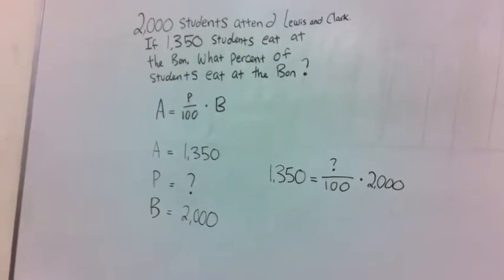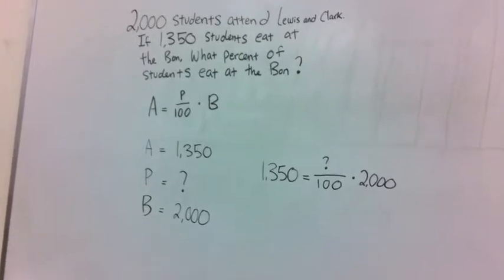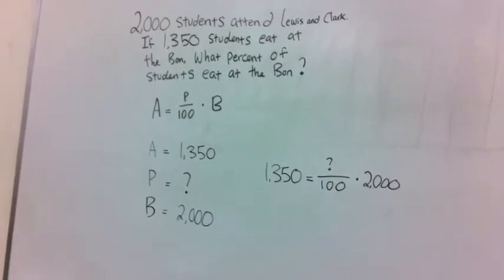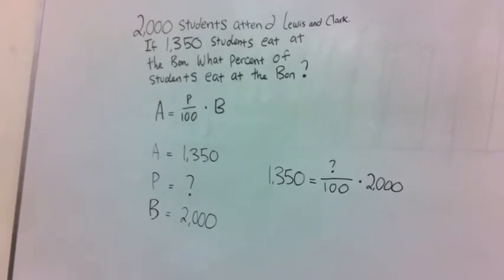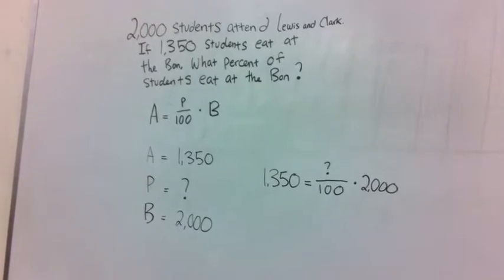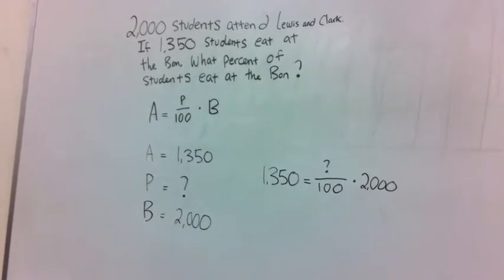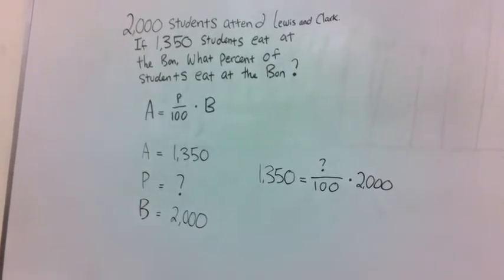So we can say that A would be the 1,350 students, B would be the 2,000 students that attend Lewis and Clark, and P is what we would need to solve to find the percent of students that eat at the bone. So to solve the problem, we can use the formula.